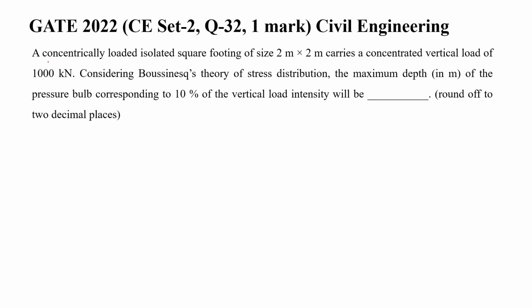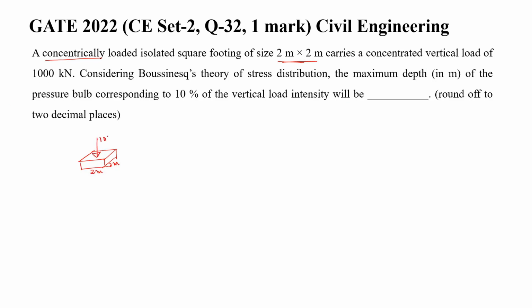So here a concentrically loaded isolated square footing. The size of the square footing is given, so let us draw that. 2 meter by 2 meter carries a concentrated vertical load of 1000 kilonewton.